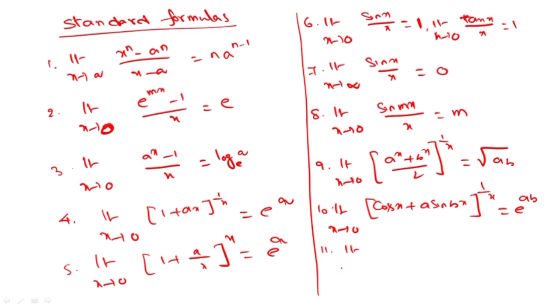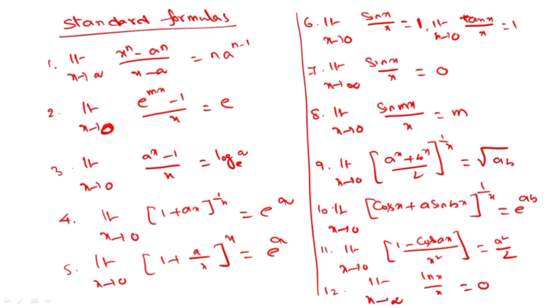And 1 minus cos ax by x square is a square by 2. And limit x tends to infinity, ln x by x is 0.